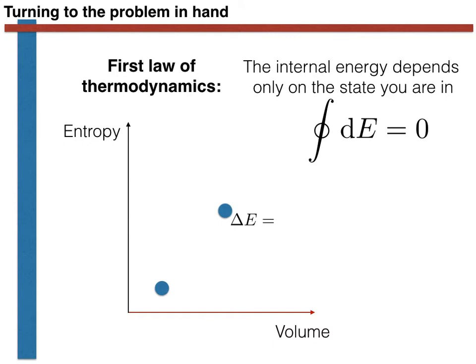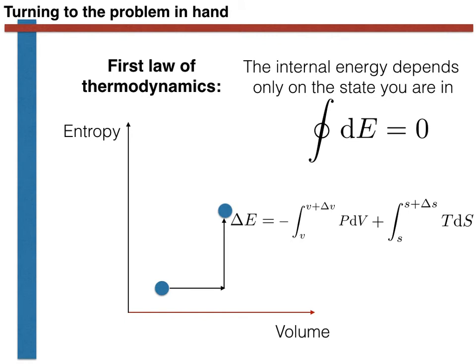I first integrate along a line parallel to the volume axis, as I know how to do this integral. I then integrate along a line parallel to the entropy axis, which is also an integral I know how to do. I thus find that the change in internal energy as I move between the two states shown here is given by the expression shown here.